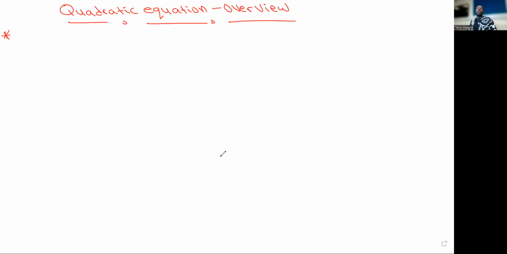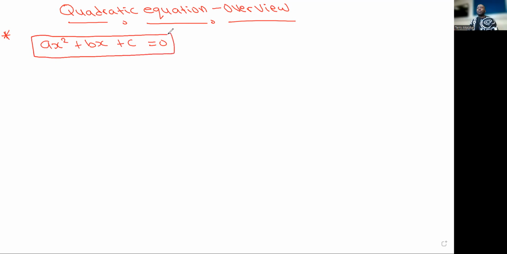Okay, so generally in algebra, a quadratic equation is any equation that can be rearranged into a standard form. So a quadratic equation is an equation that can be rearranged like this: ax squared plus bx plus c is equal to 0. So any equation that can be written like this, where the power of x is 2 and above, that's a quadratic equation.